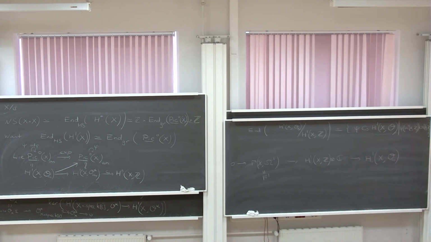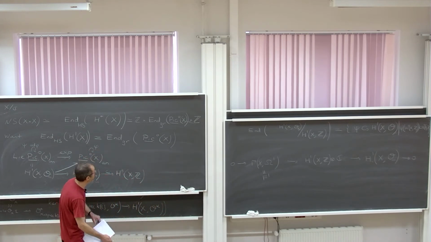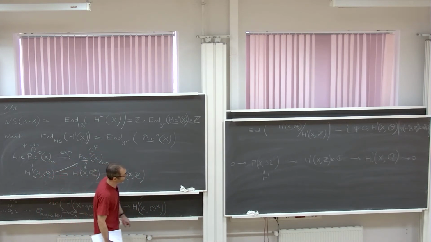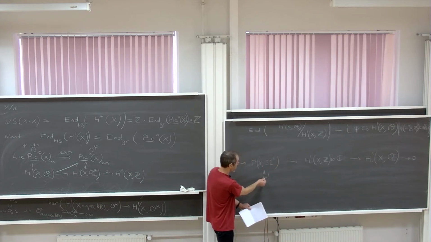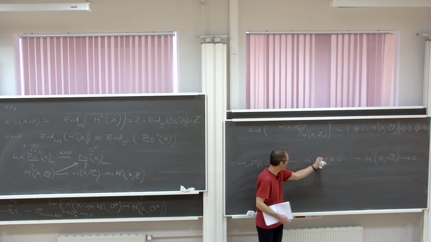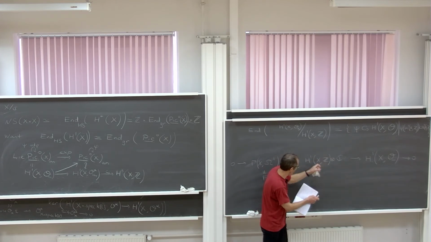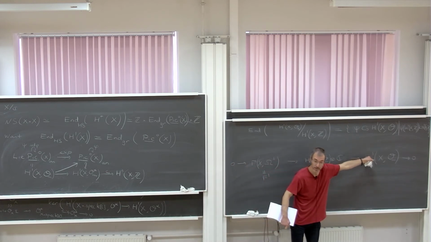Now, what is the endomorphism? Looking at this short exact sequence, what we have here? By definition, an endomorphism of a Hodge structure is an endomorphism of this lattice such that its complexification preserves F1. And therefore, it defines an endomorphism here.